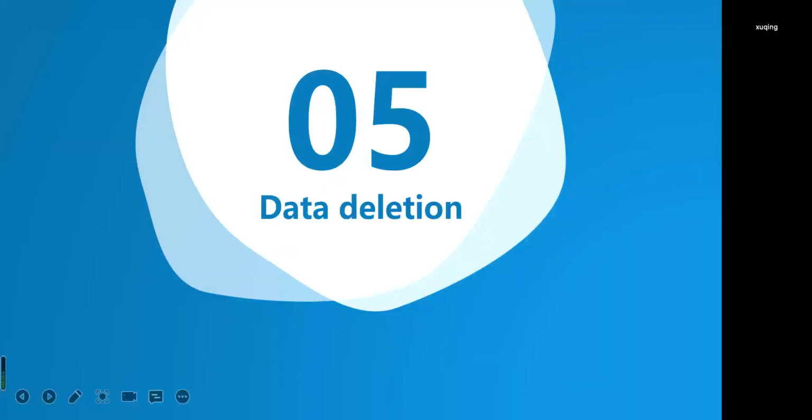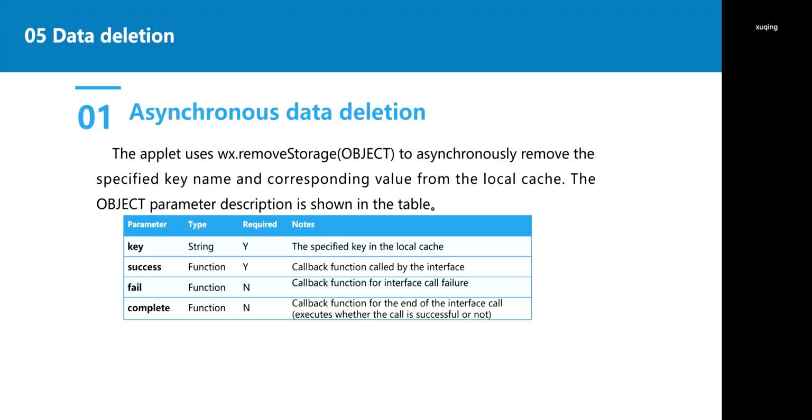We'll continue with data deletion. So you see we have set data, get information. Now we'll see how to delete information here. The template uses wx.removeStorage to asynchronously remove the specified key name and corresponding value from the local cache.